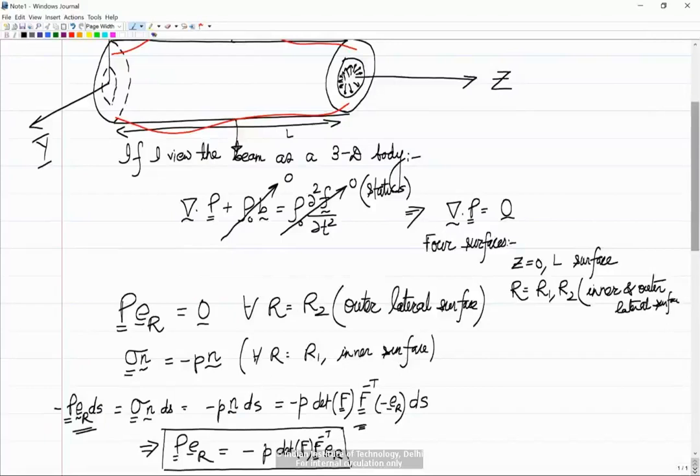Now what's going to happen at the two end cross sections? So this depends on how exactly this is being deformed. So are we applying kinematic boundary condition, or we are applying, let's say, traction boundary condition? Okay, so assuming that it's a kinematic boundary condition, let us say it's kinematic.